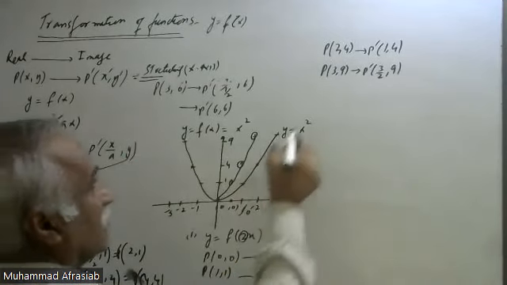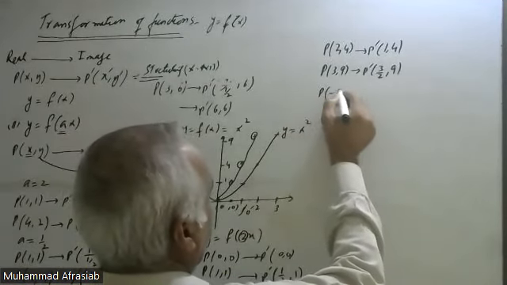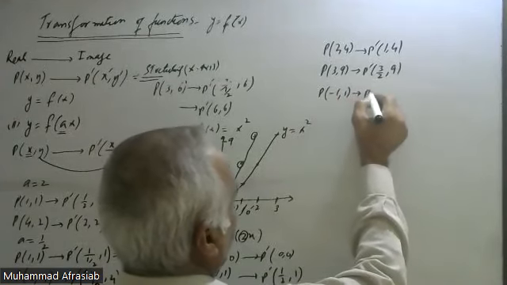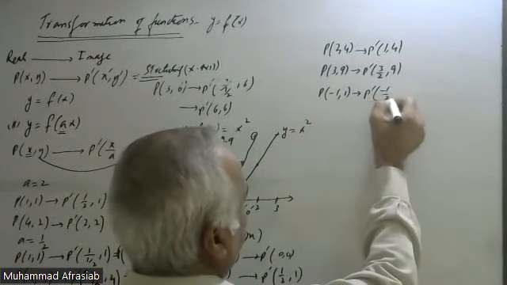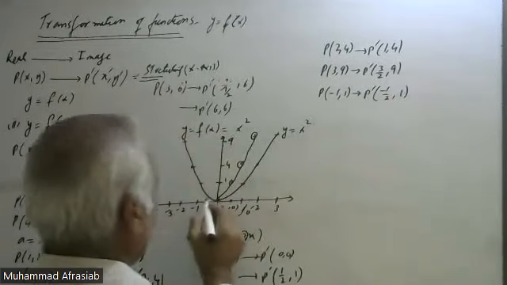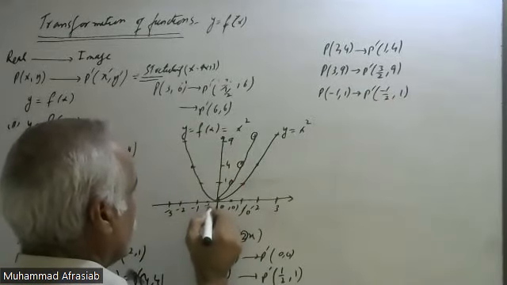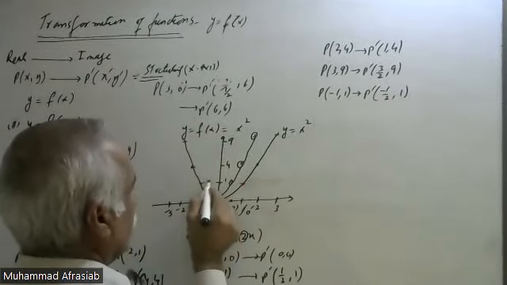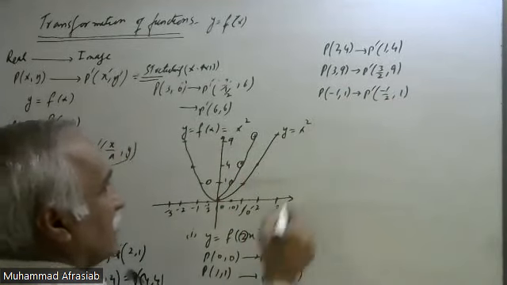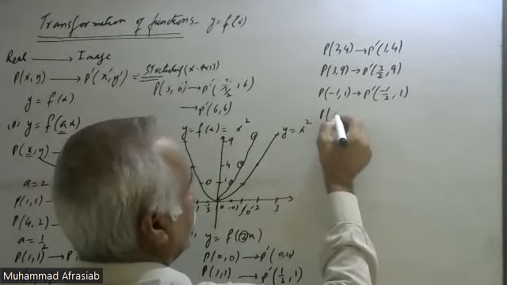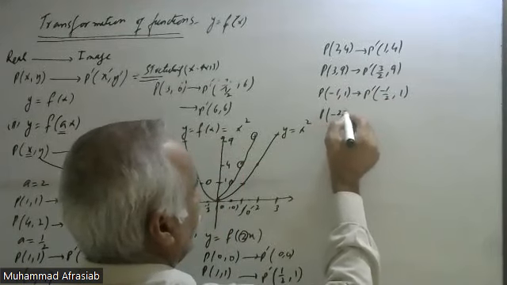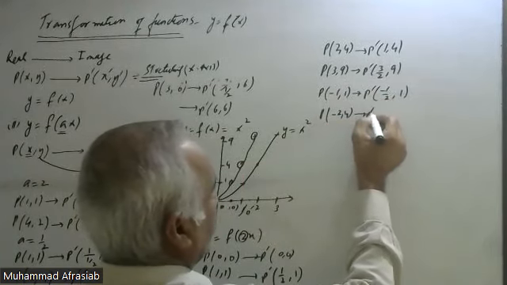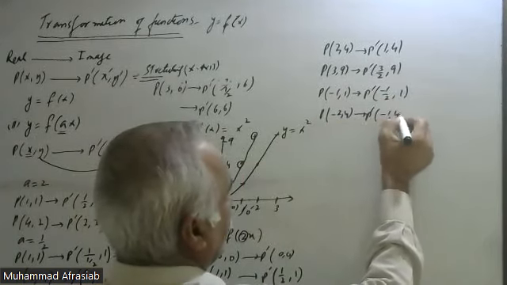Same for P of minus 1 and 1, it will become minus 1 by 2 and 1. For P of minus 2 and 4, the image point will be minus 1 and 4.